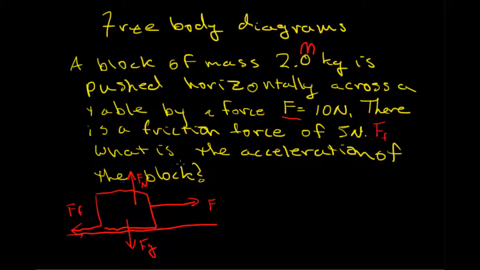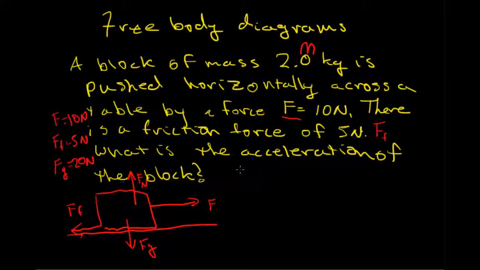We've addressed all of these things. We can write them off to the side here. F is 10 newtons, F sub F is 5 newtons, F sub G is 20 newtons. We could determine the normal force pretty quickly and directly, but we'll get to that if we need it.